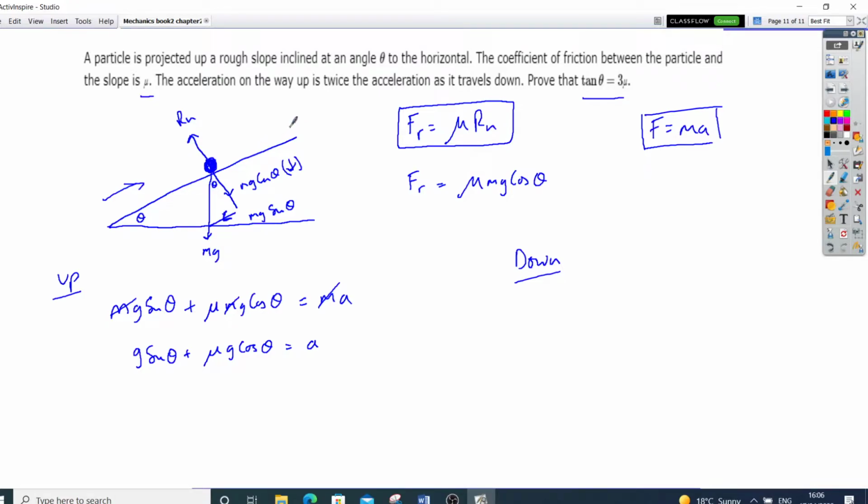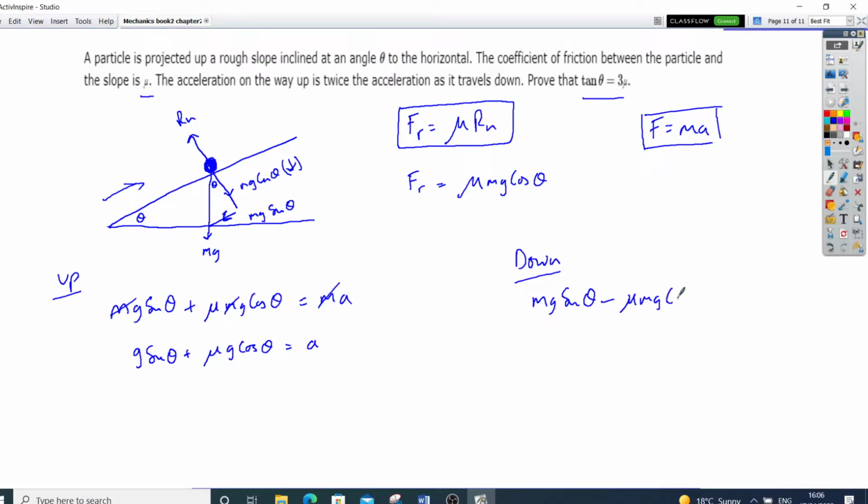As this particle comes down the slope, it's got mg sine theta coming down with it. However, what opposes motion is friction, so friction will be going against it. The friction stays the same as the particle has not got any heavier.